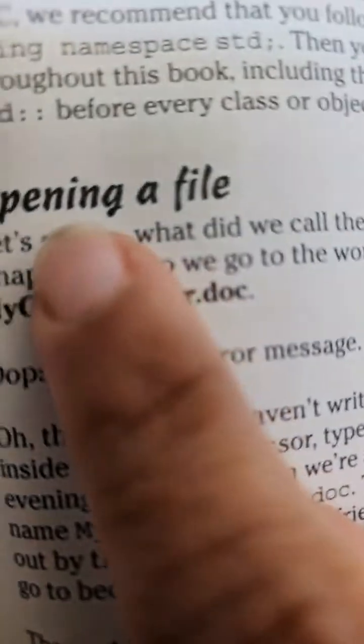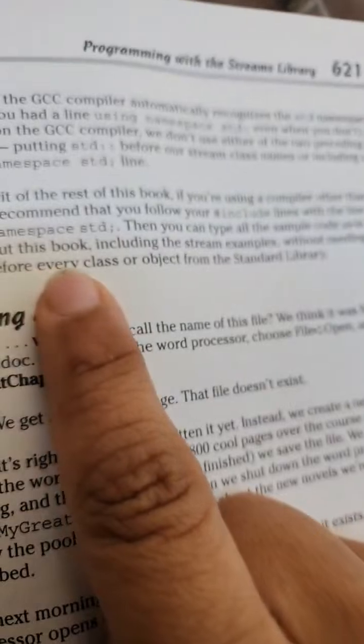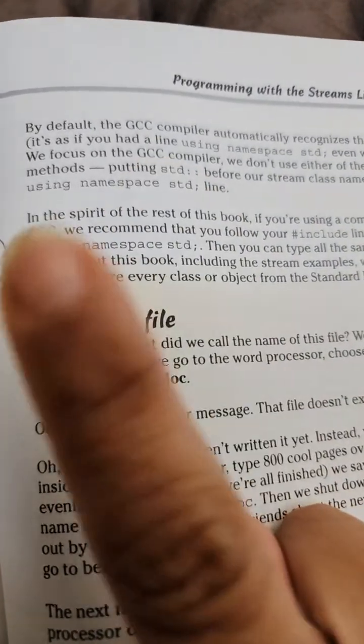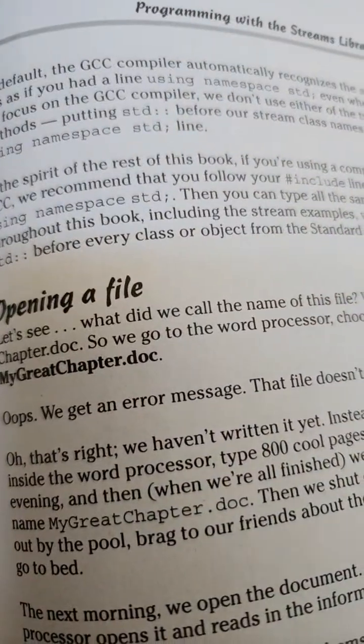So, best case, you use GCC. Second best case, you're not using GCC, and all you have to do is put using namespace std; at the start of your code, then you don't have to worry about doing that every single time you want to call something from the standard library.